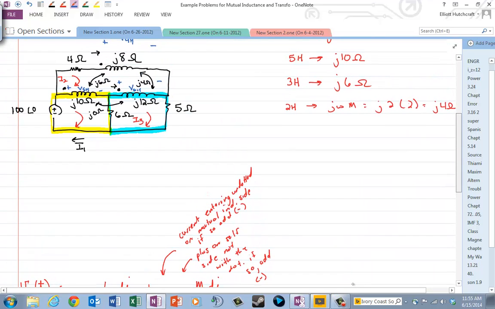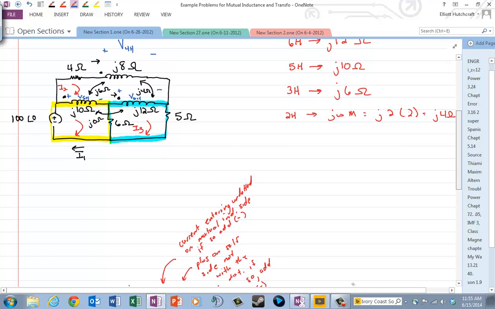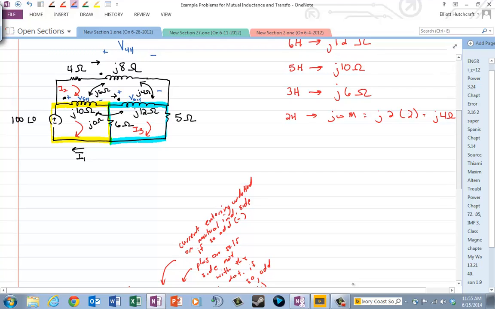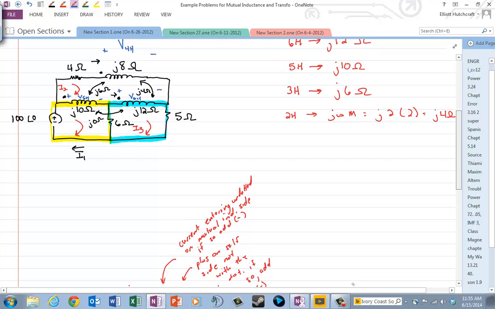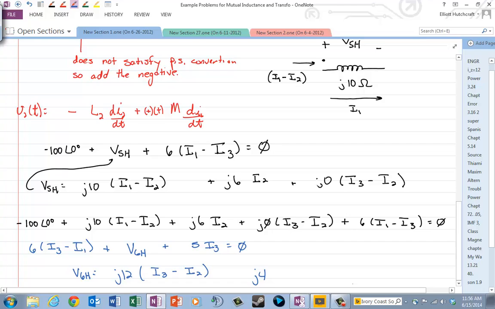And okay, so what we've said is I need the current going into the dot of that J8 ohm. And the current going into the dot, well, there's only one current in that branch, and it's I2. So plus I2, and I2 is flowing into that dot. So that's all for that term.